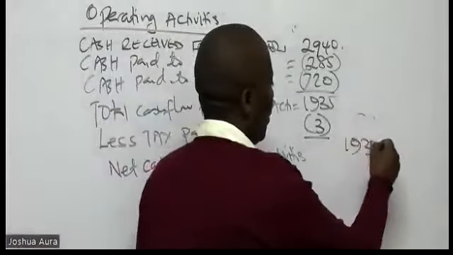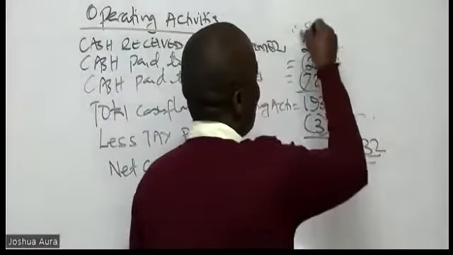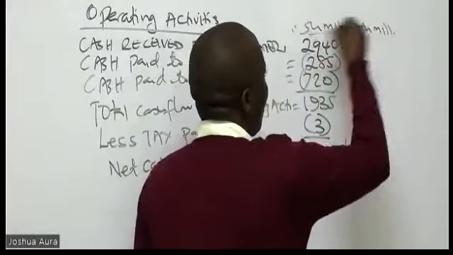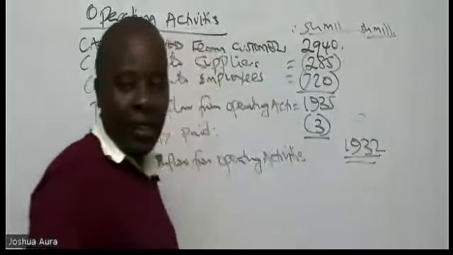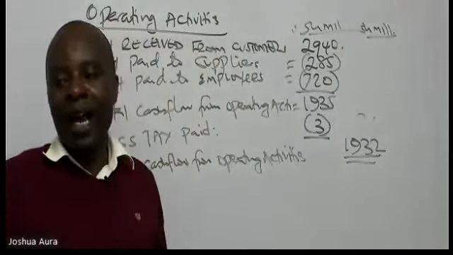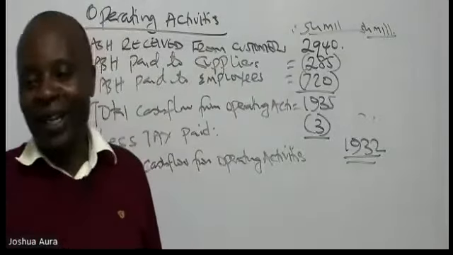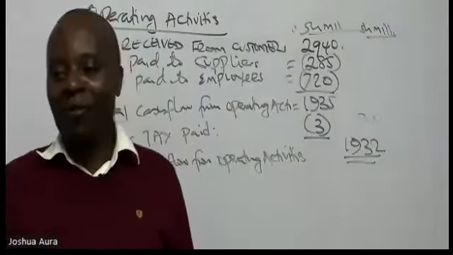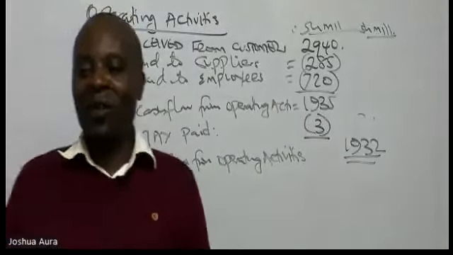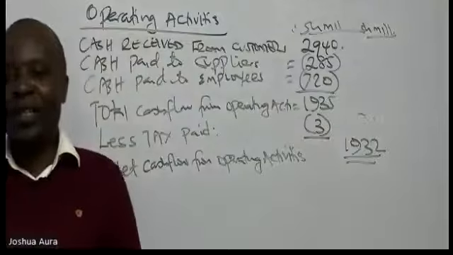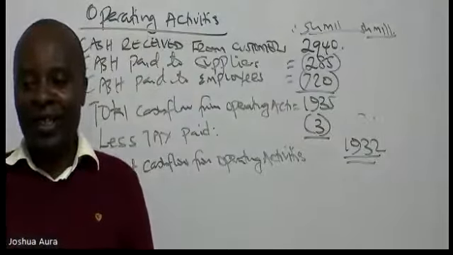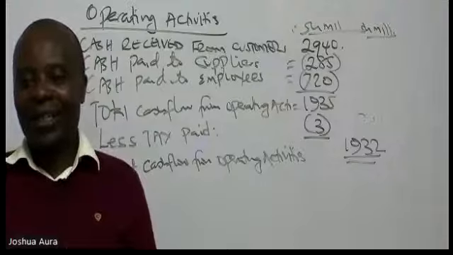Of course we have shillings millions here and shillings millions there. So is this figure familiar? 1932, is it familiar? Great, very familiar.